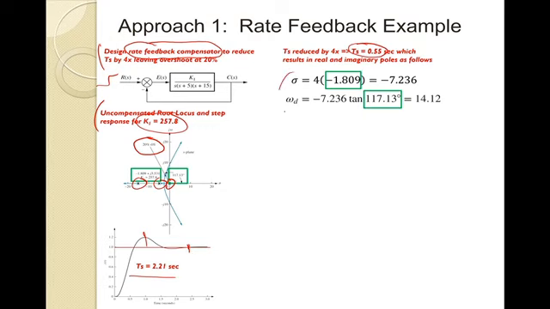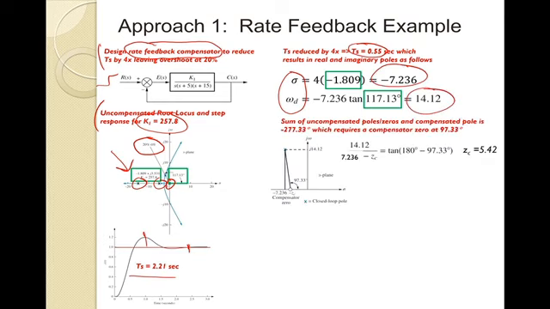Given our uncompensated system for that gain, we can design our sigma and omega d terms as shown right there.